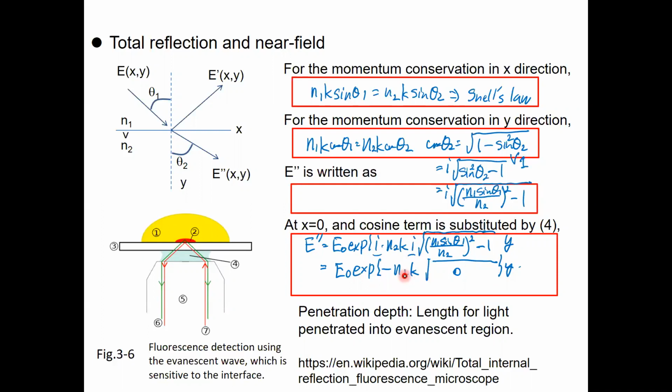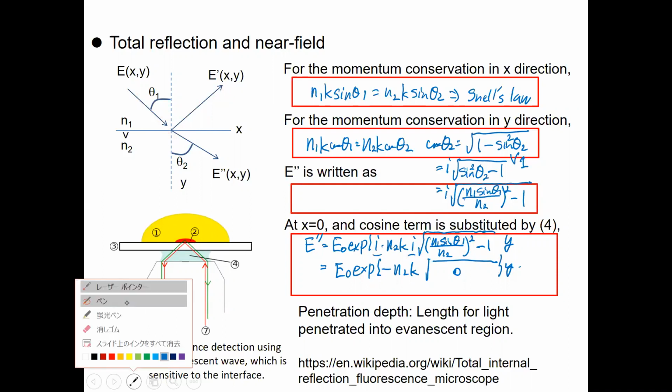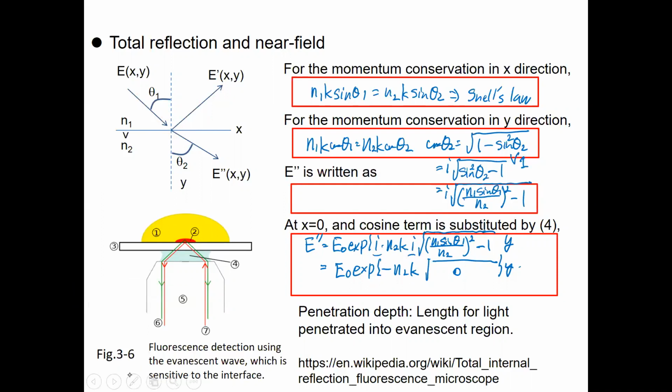This indicates that when the light is totally reflected, the light field can still penetrate somehow.